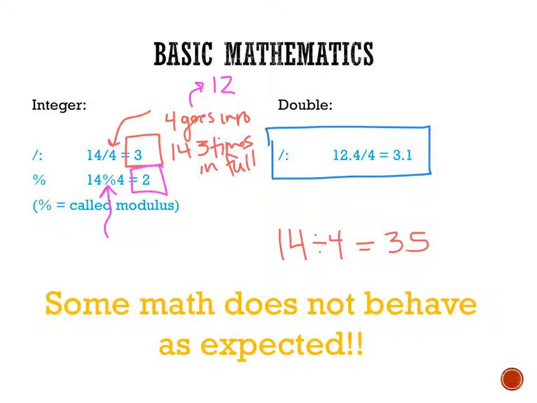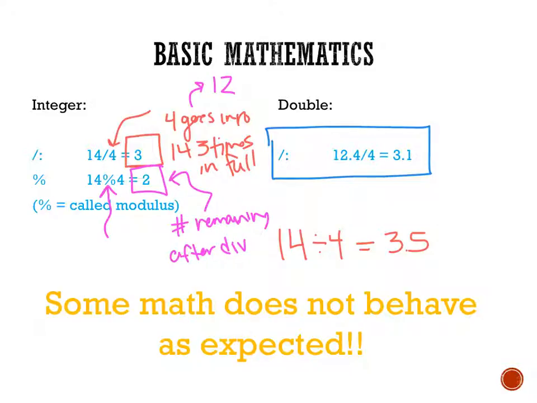That gets us to the number 12. And this 2, this modulus answer, essentially represents the number remaining after you've performed that integer division. So after 4 has gone into 14 as many times as it can, the modulus represents how many numbers would be remaining.